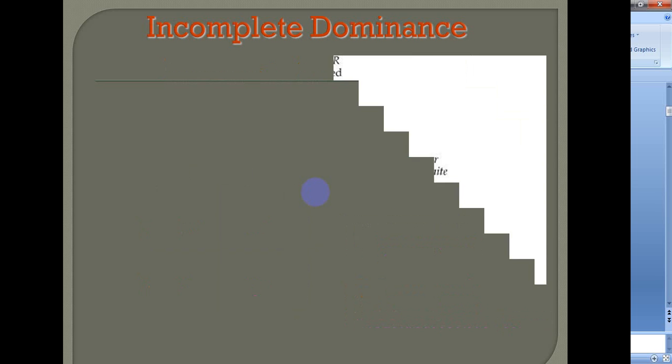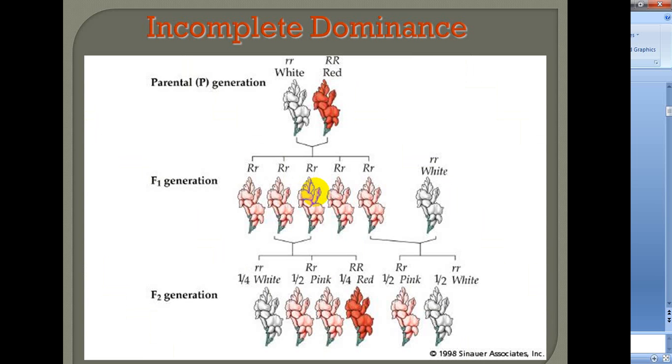Here this is the white parent and this is the red one, and in the F1 generation we find all the plants are pink. When it is crossed with another white type, what do we get?